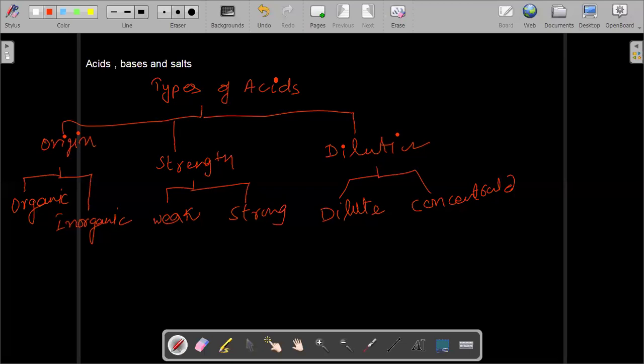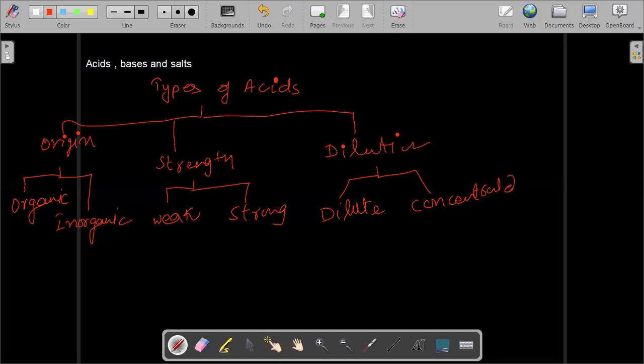So what are organic acids? Siddharth, what are organic acids?